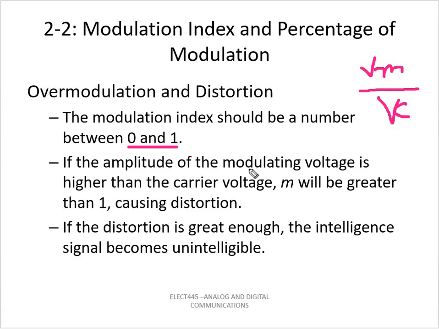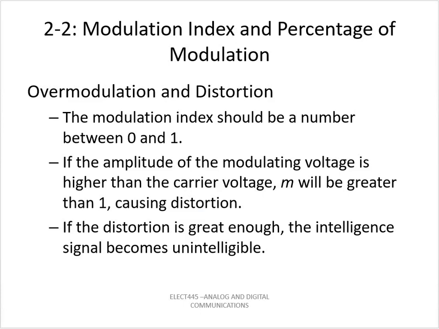This should never happen, but if Vm is greater than Vc, then distortion will occur. If this distortion is great enough, the intelligence signal becomes unintelligible. It means that we cannot get the original message signal back. That will be something like noise.